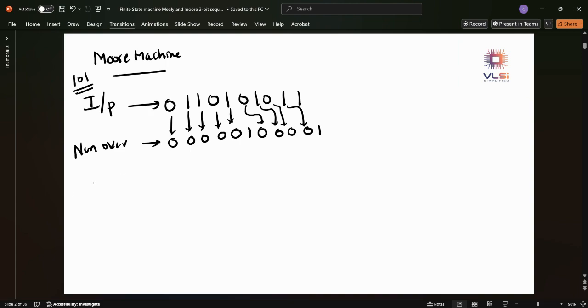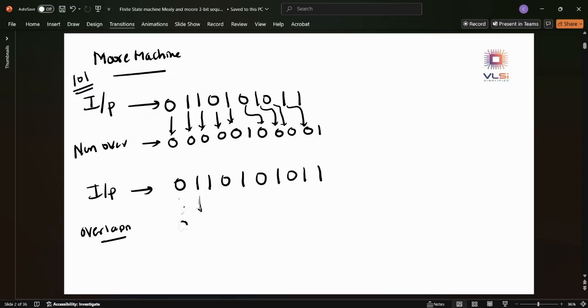0, double 1, 0, 1, 0, 1, 0, double 1. So if it is overlapping, here you have 0, here you have 0, here you have 0, and here you have 0, here you will get 1.